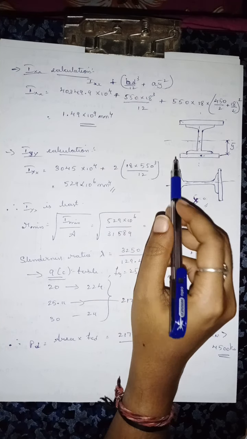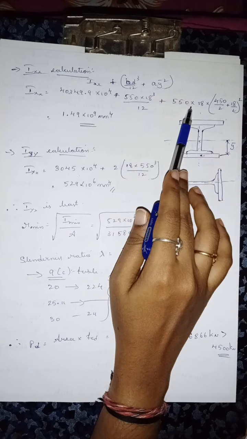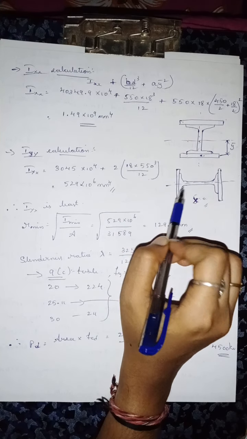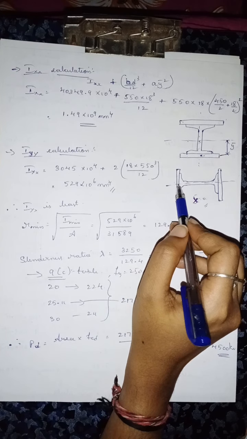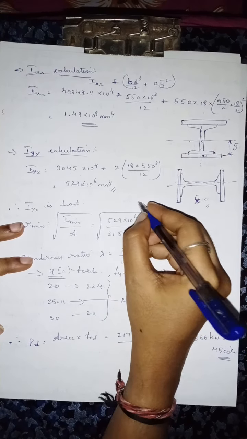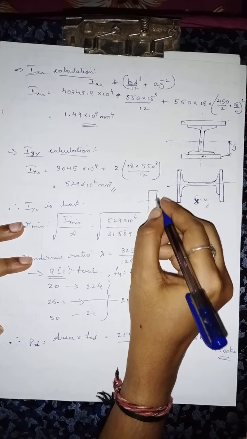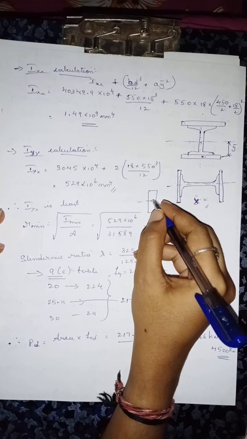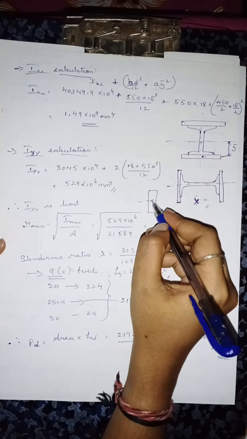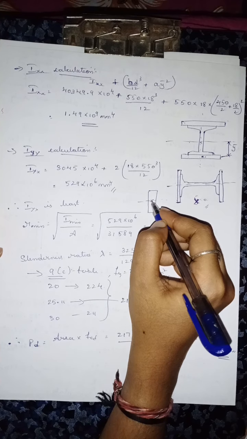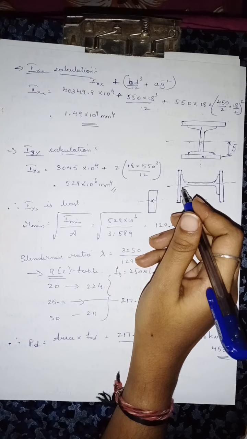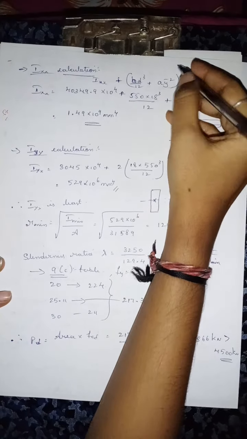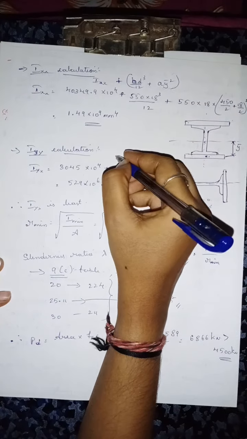Next, plus area into x bar square, area is 550 into 18 into x bar square. The axis passes through the middle of the plate, so the axis and the plate center coincide. The distance between the center of the plate and the axis is 0, so this whole term will be 0.